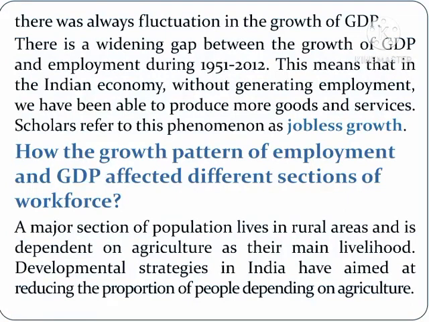A major section of population lives in rural areas and is dependent on agriculture as their main livelihood. The developmental strategies in India have aimed at reducing the proportion of people depending on agriculture.